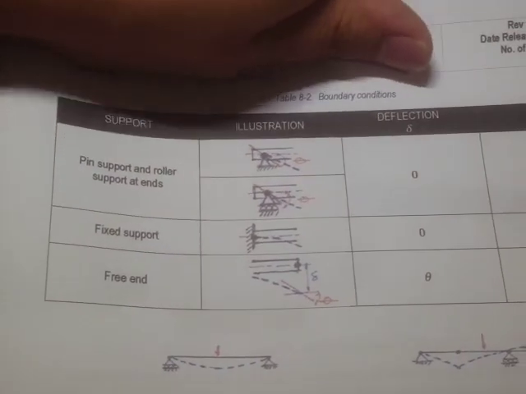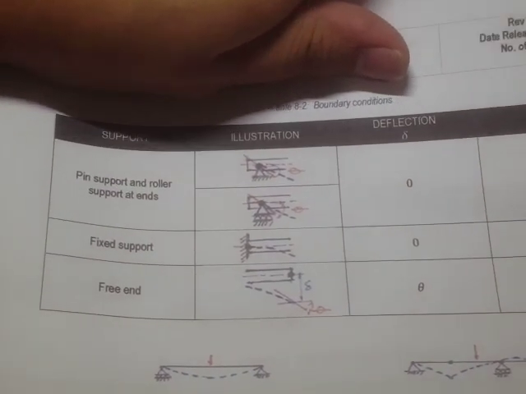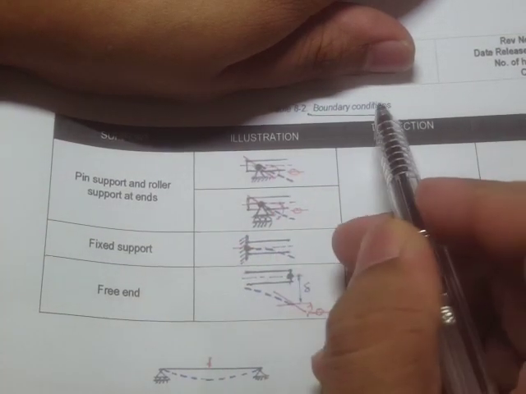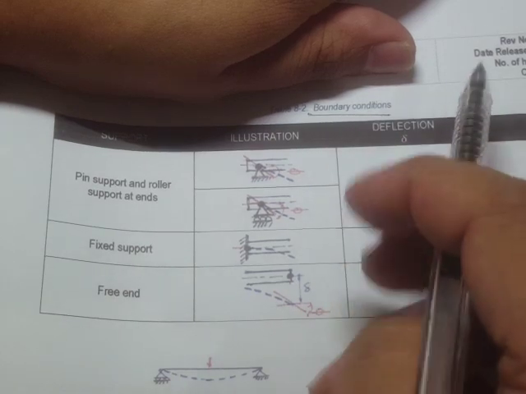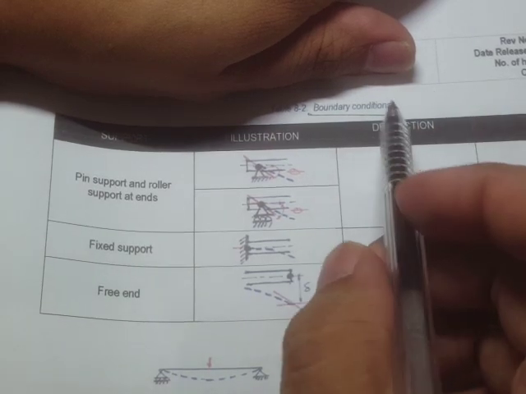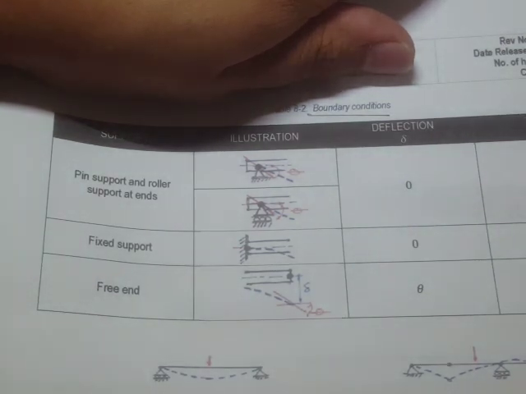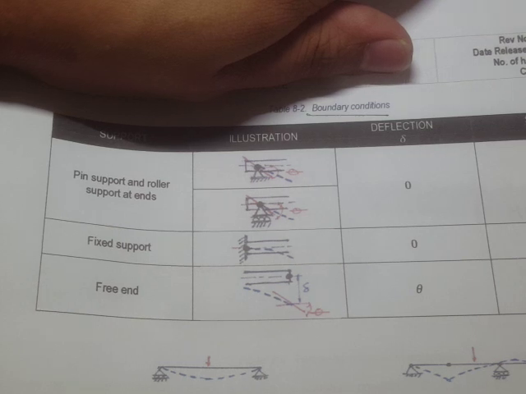Okay, so how do we draw this deflection diagram? In order to do that, let's refer to this table 8-2 about these boundary conditions. When you say boundary conditions, actually you've encountered this already in your course in differential equations. But for us here, when we say boundary conditions, it's the bounds of the moment functions.